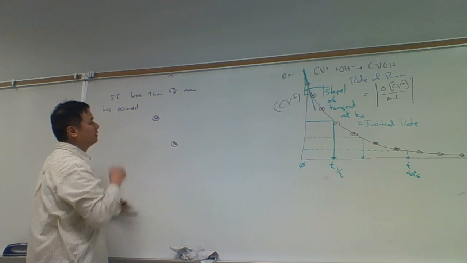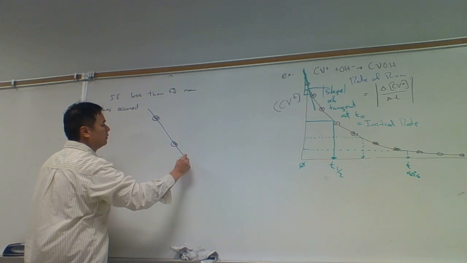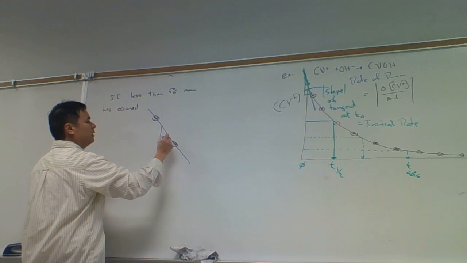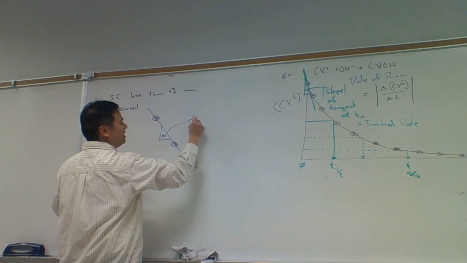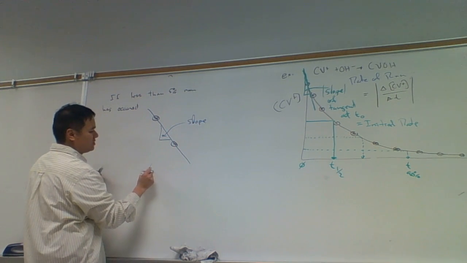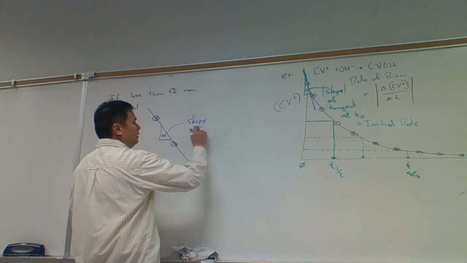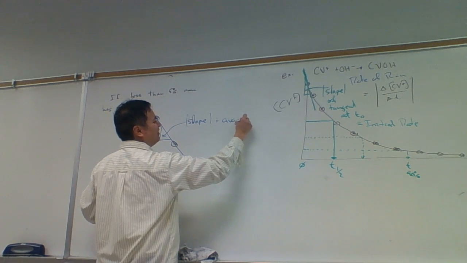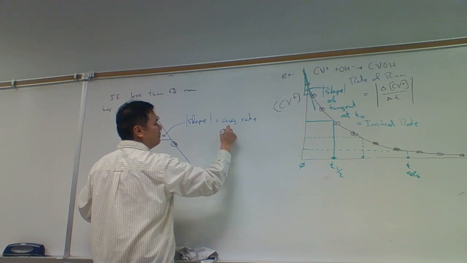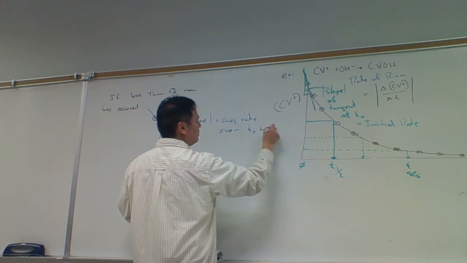So we'll do that here. And then we'll get the slope. The first 2 data points would be, let's say, T0 and T1. The slope here is called the average rate over the time interval T0 to T1.